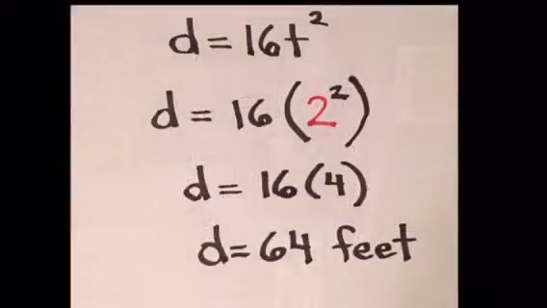Here's a simple example. If an object is released and falls for 2 seconds, the distance it falls, d, will be 16 times 2 squared. That's 16 times 4. So it will fall 64 feet in those 2 seconds.